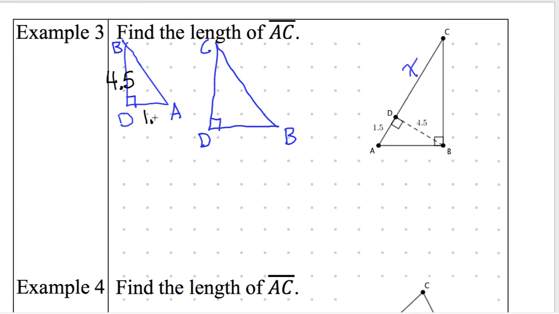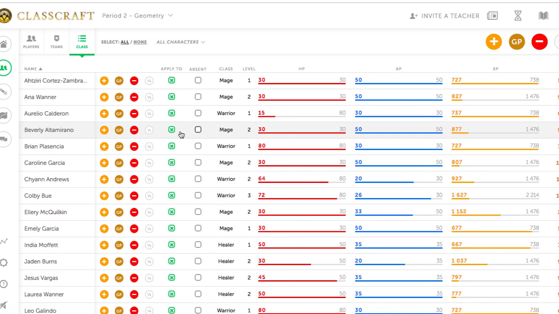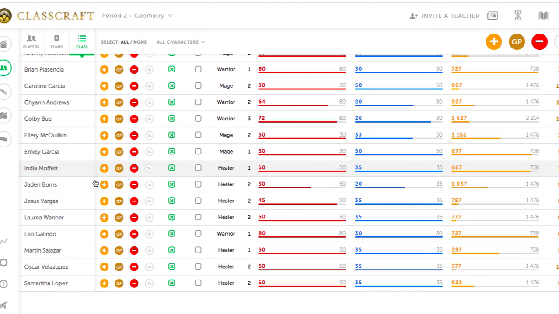AD is 1.5. Nice. And what about this medium-sized triangle? There are 2 things that we know about it. Yep, DB is 4.5. And which one is X? CD. There it is. Thank you, Leo. You can turn in your card. All right, it's free game. You guys can participate as much as you'd like now that everyone's in.